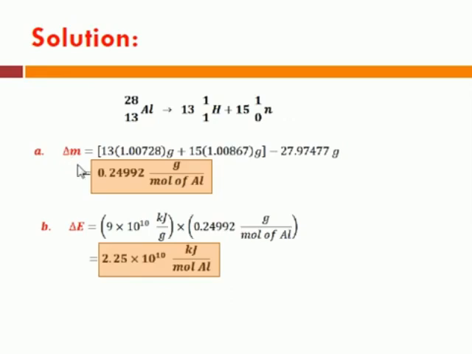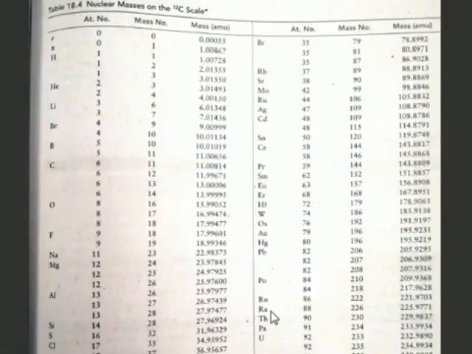So the mass defect is equal to 13 times the nuclear mass of a proton, 1.00728 grams, plus 15 multiplied by the nuclear mass of a neutron, then minus the nuclear mass of aluminum-28. So let's see, where's aluminum?